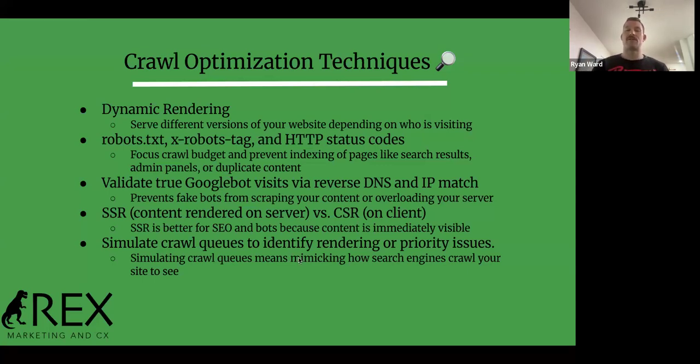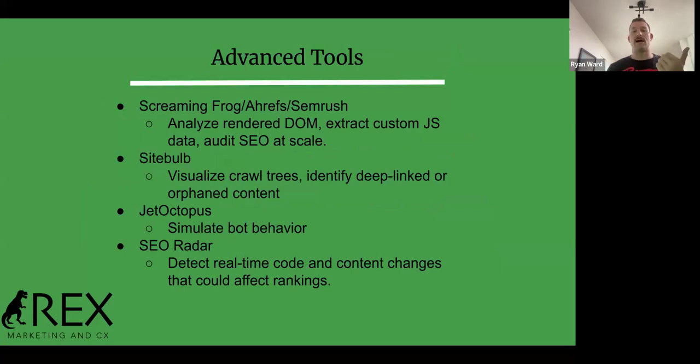So somewhat of the tool I mentioned earlier, which is Sitebulb. This is a tool, for example, that can help you visualize and understand your crawling and what content's deeply linked, which one is orphan content, or if you have any orphan content.